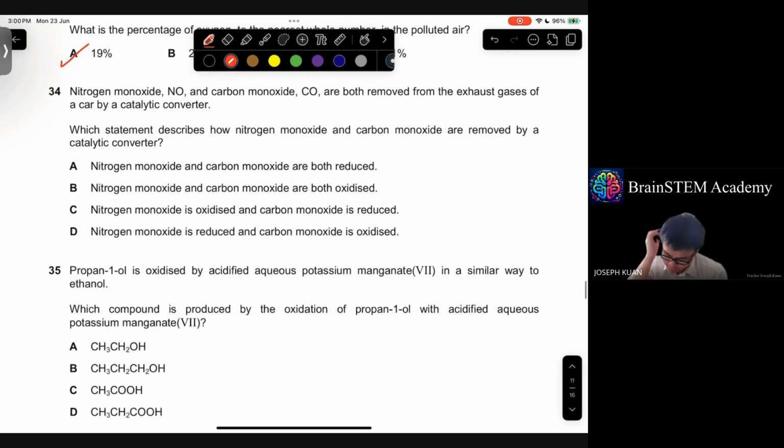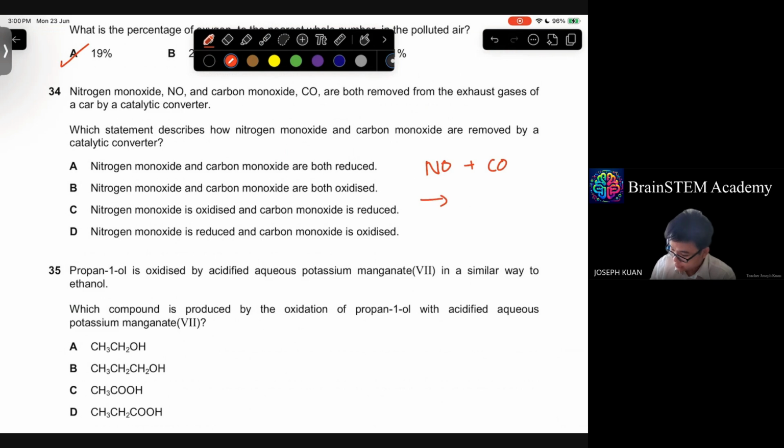34. Nitrogen monoxide and carbon monoxide are both removed from the exhaust gases of a car by a catalytic converter. Which statement describes how nitrogen monoxide and carbon monoxide are removed by a catalytic converter? Now, when these two gases react, they are turned into slightly less harmful gases, because these two gases are capable of causing environmental damage.